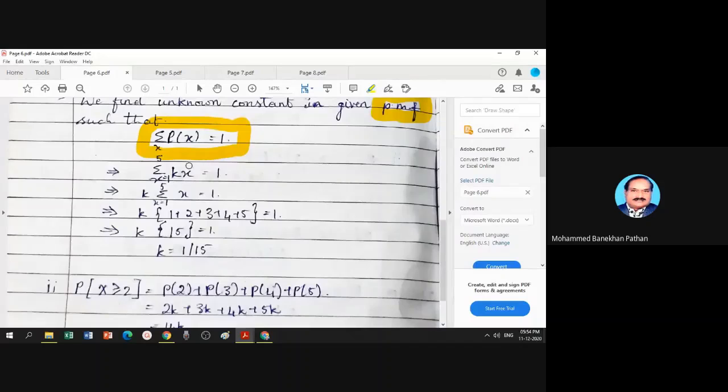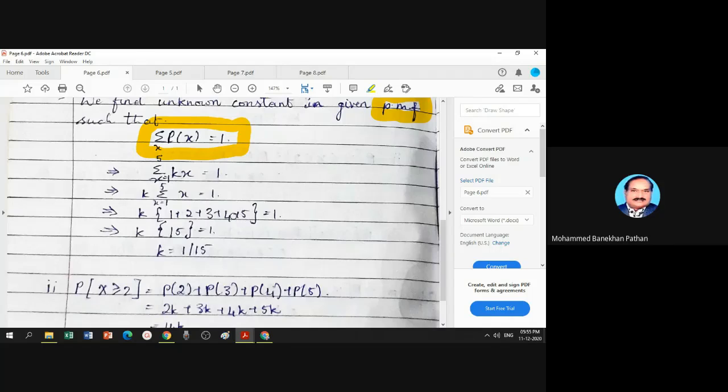Now how to simplify this summation? Inside the summation, only x is changing. K remains constant for each value of x. So I can put it directly outside the summation. So I get the next step: k times summation x from 1 to 5. Next line: k times curly bracket x equal to 1, sigma says plus x equal to 2, and continue.